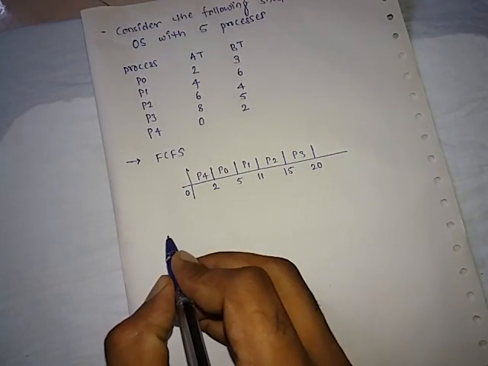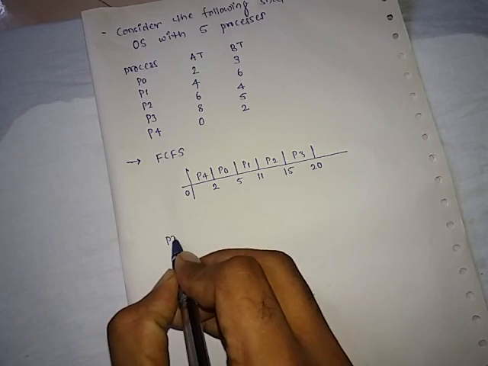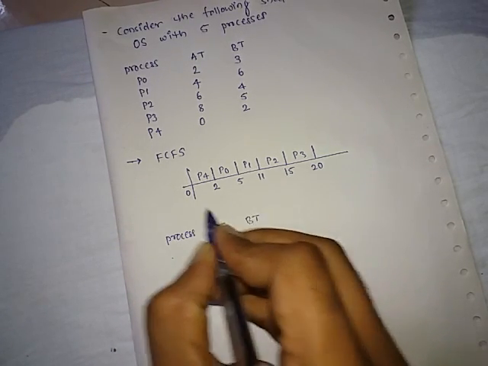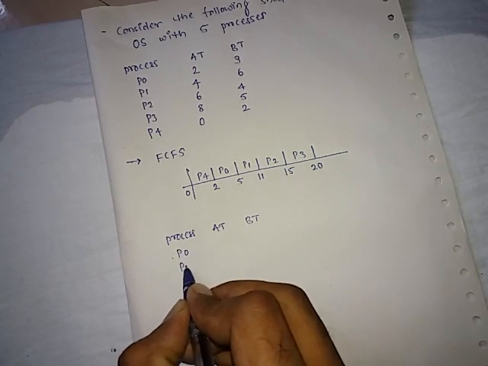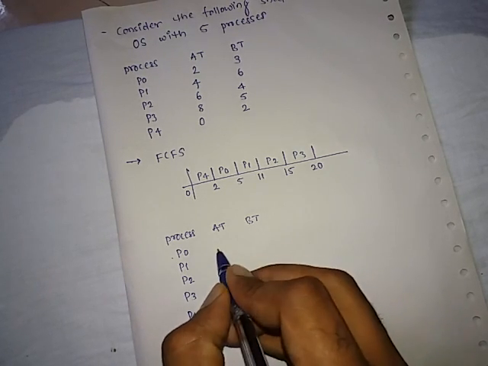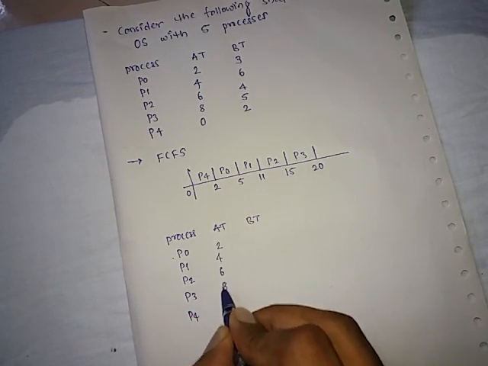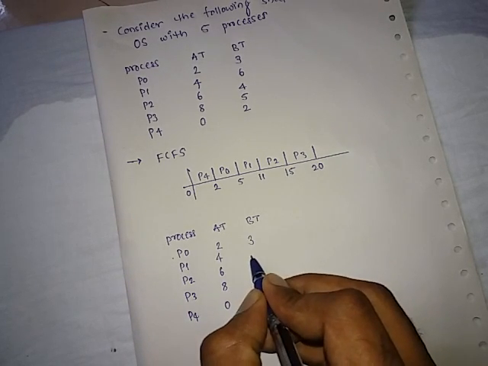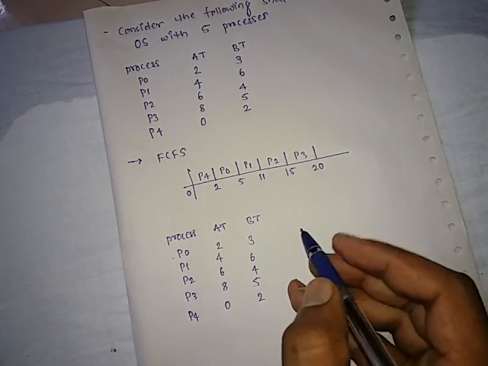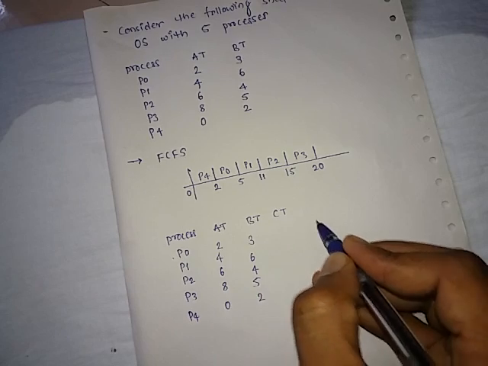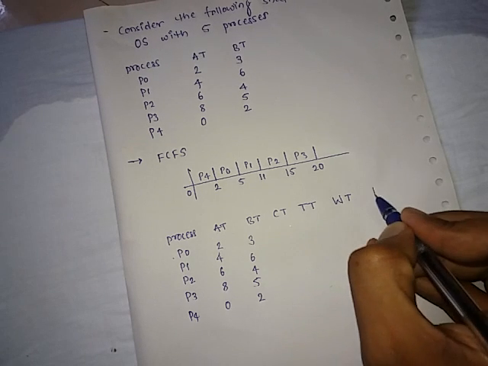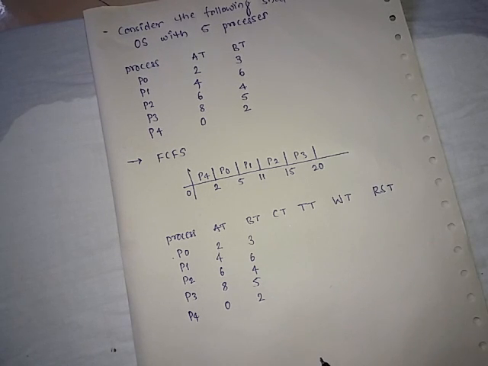Now the second step is to draw a table: process, arrival time, and burst time, which are again given in your question. Now you have to calculate the completion time, the turnaround time, the waiting time, and the last one is response time.